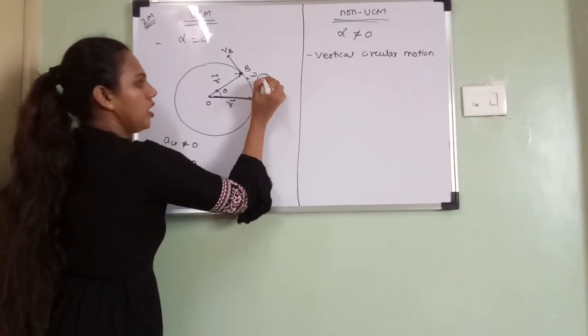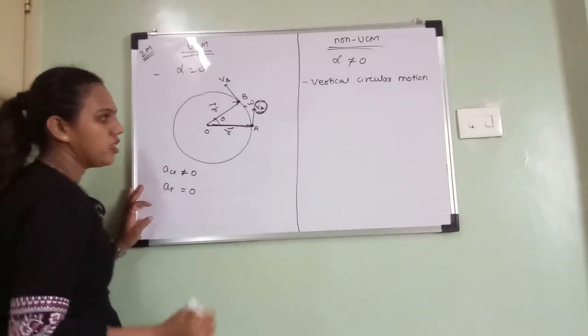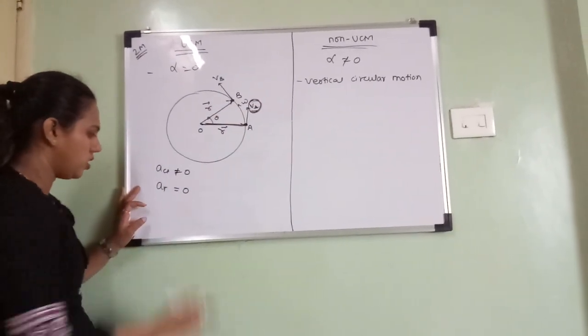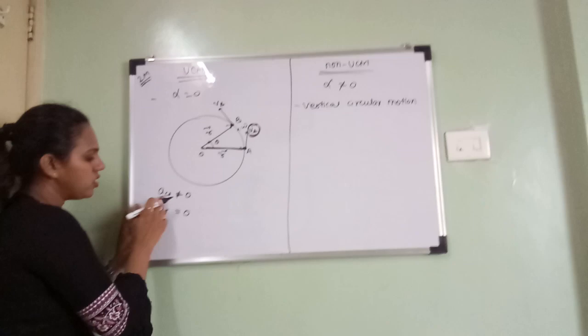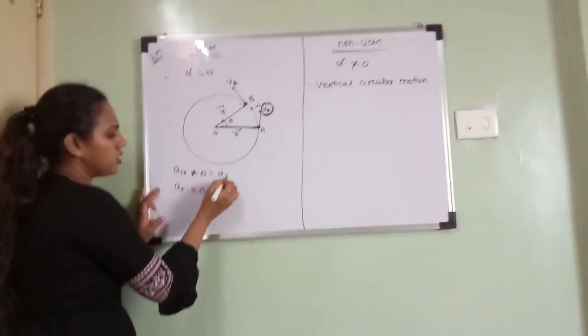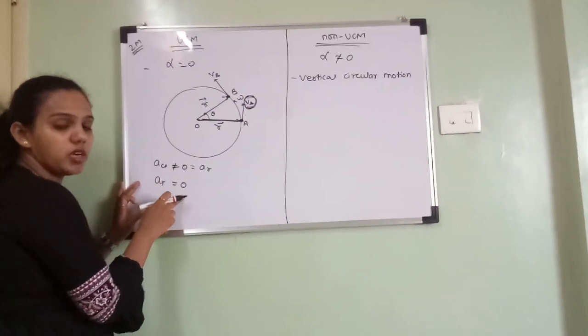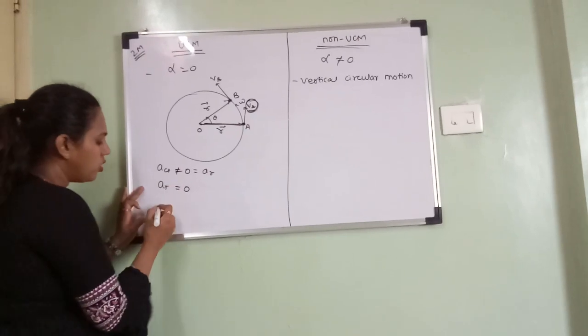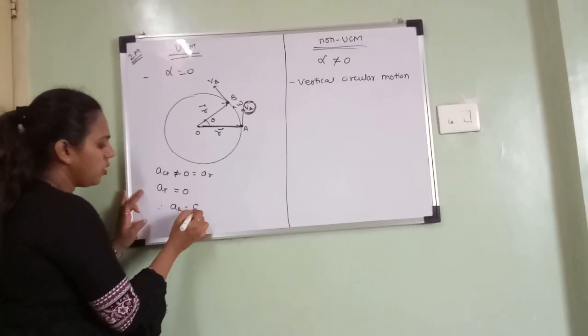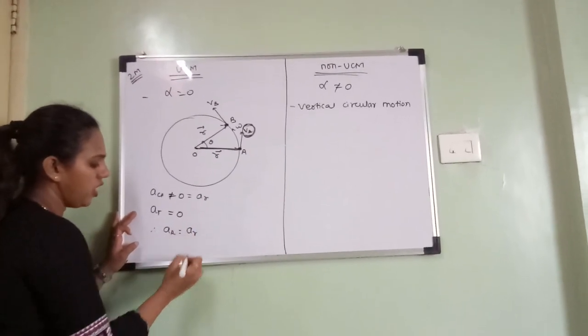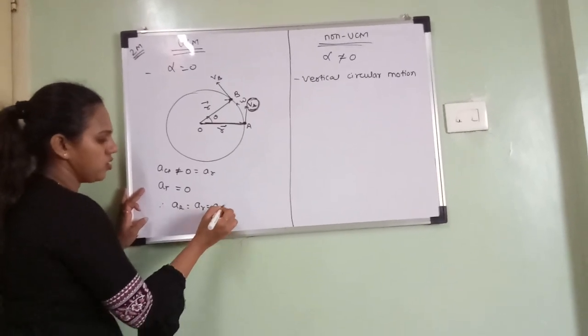So for UCM, you can say centripetal or radial acceleration is not equal to 0, but tangential acceleration is 0. So therefore, resultant acceleration is nothing but equal to radial or centripetal acceleration.